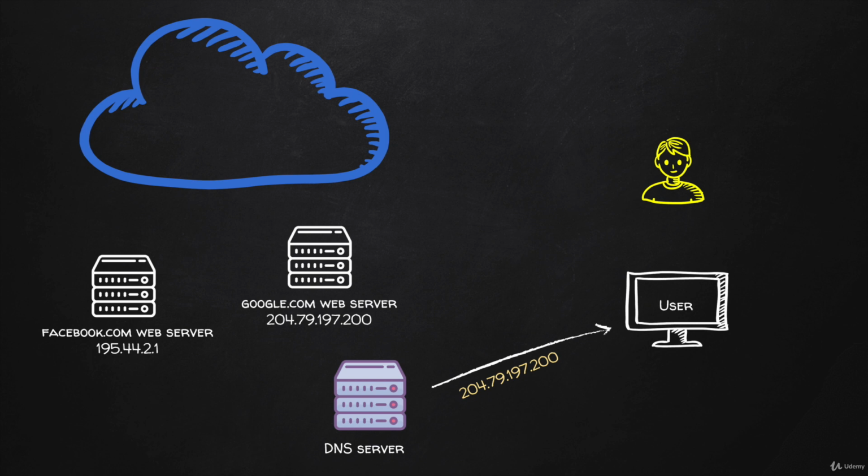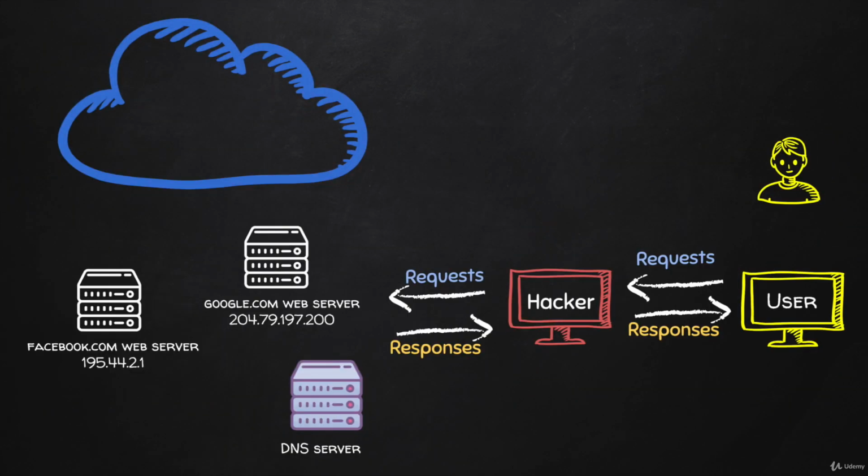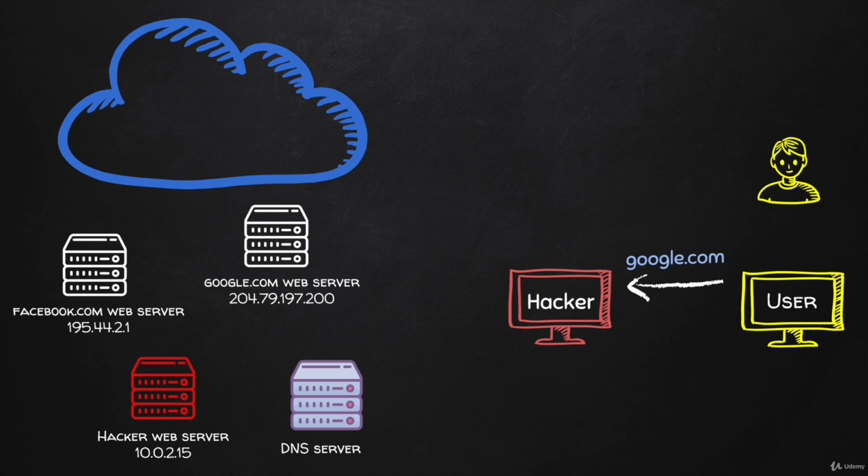The server responds with the IP where google.com files are stored, and the browser will load the website from this IP. Now, when we are the man in the middle, the request for google.com will pass to us first before it goes to the DNS server.